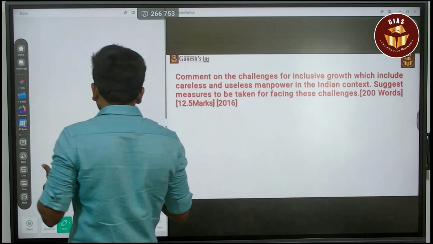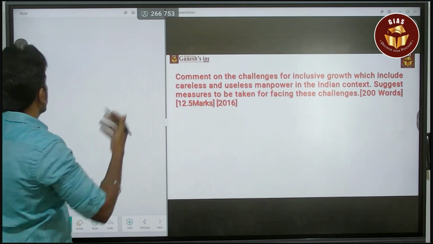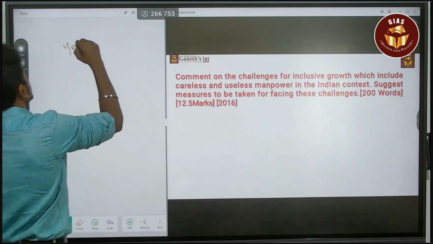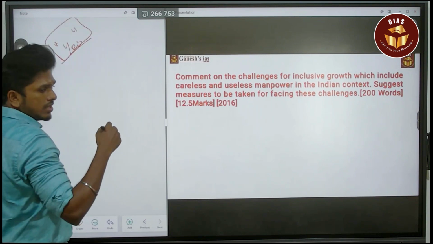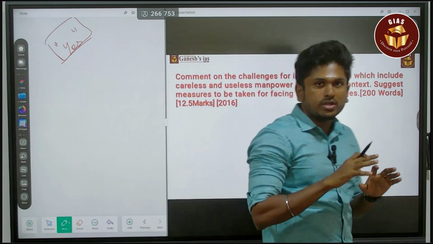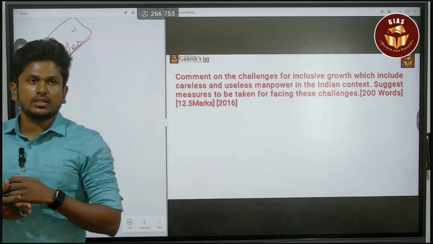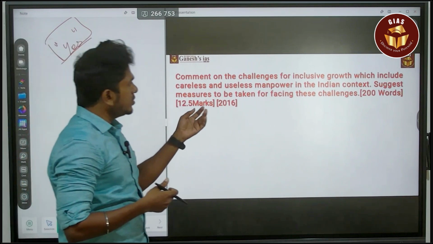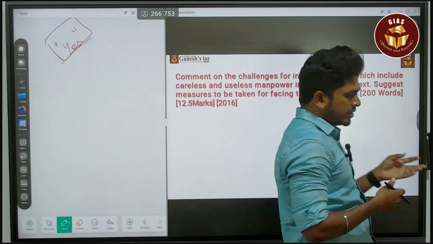Okay, so let's discuss that. First, for example, consider that I am going to agree with this statement. I am going with the yes, which means in your answer you shouldn't write anything like yes or no. Your answer should convey that challenges for the inclusive growth in India are due to this careless and useless manpower.